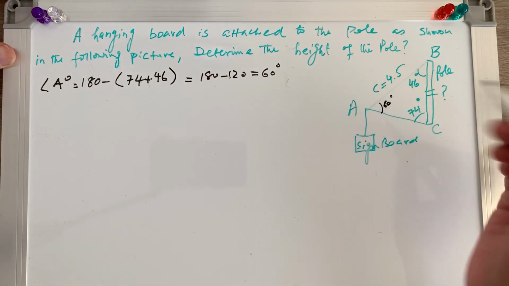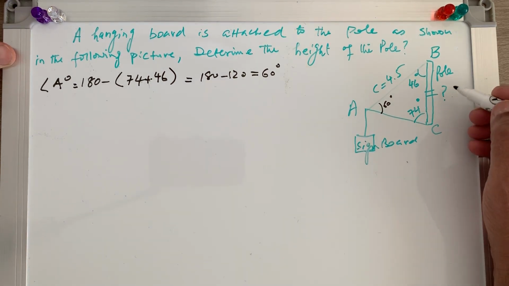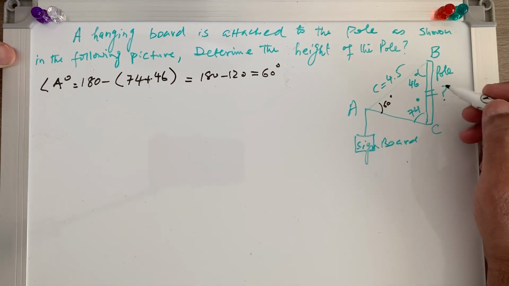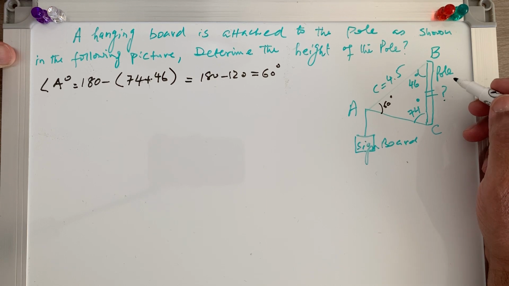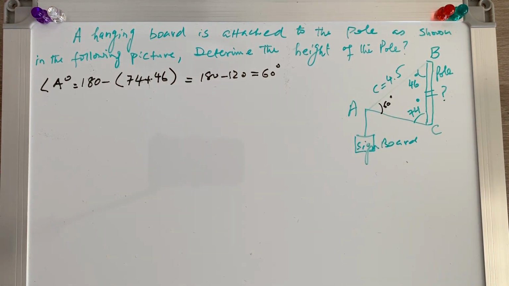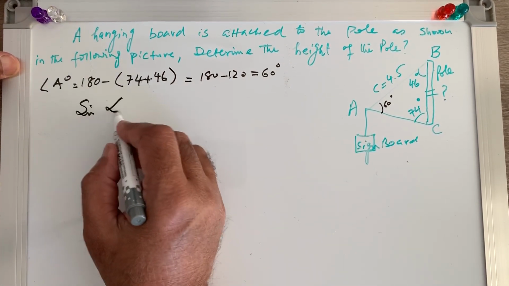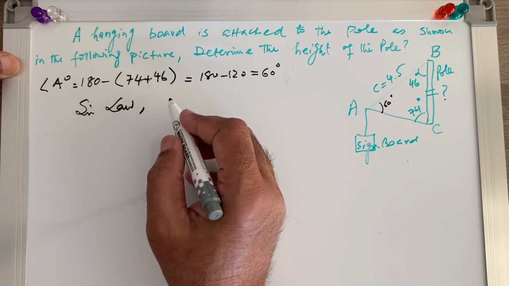Now I have all the angles known in my triangle ABC, and I have to find out the pole height, this side. And I can use sine law, and sine law is simple. What is sine law? We did sine and cosine law in the last video.